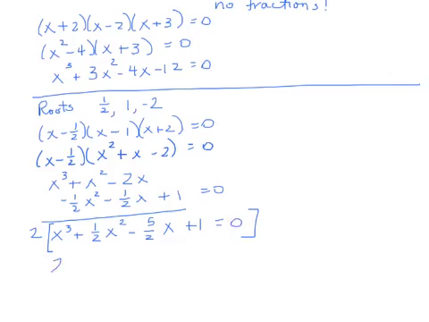So I'm going to have 2x cubed plus x squared minus 5x plus 2 equals 0. Okay, I've multiplied everything out. I have gotten rid of my denominator, so I have integral coefficients. And this is the polynomial I get that gives me these roots.